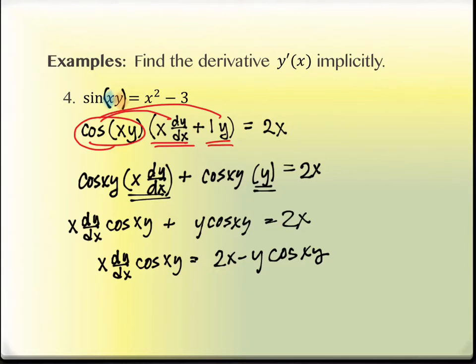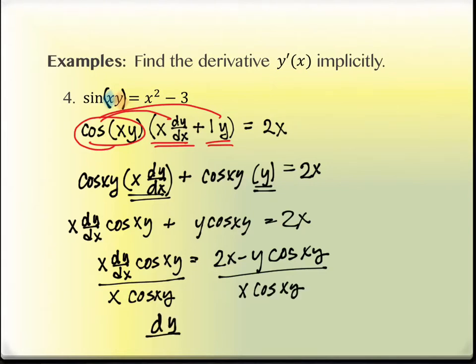Yeah, so I divide by x because it's in front of the dy dx, and cosine xy, which happens to be behind it. So dy dx equals 2x minus y cosine xy, divided by x cosine xy.